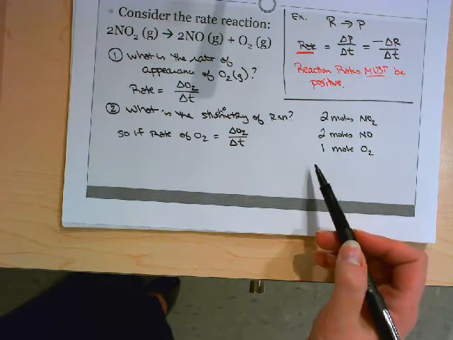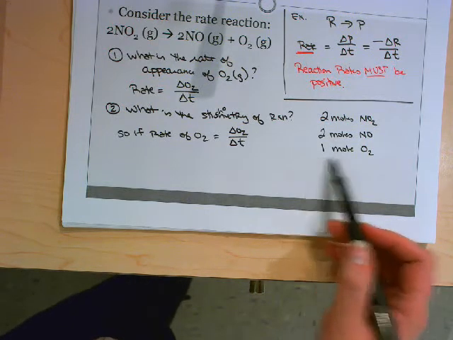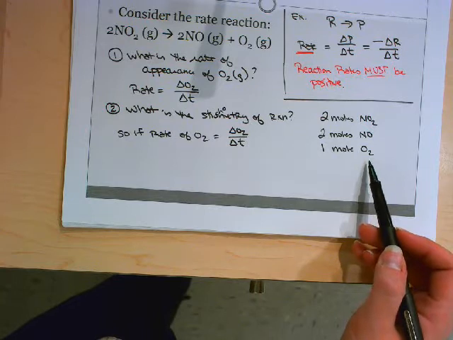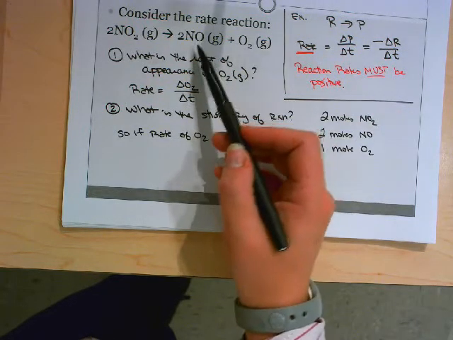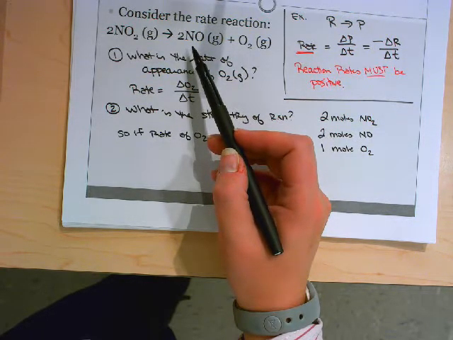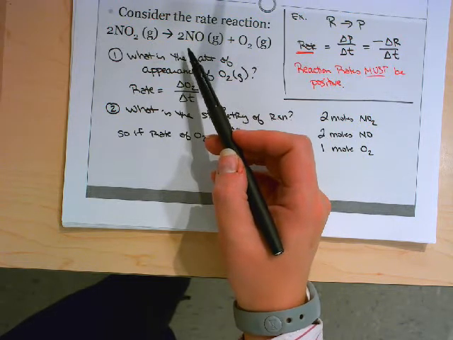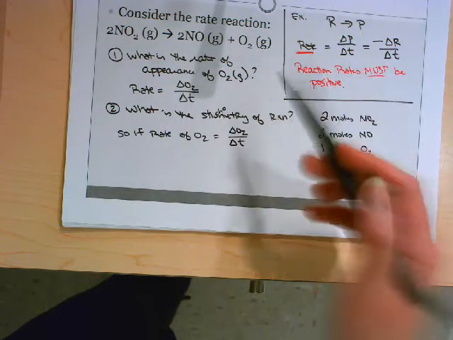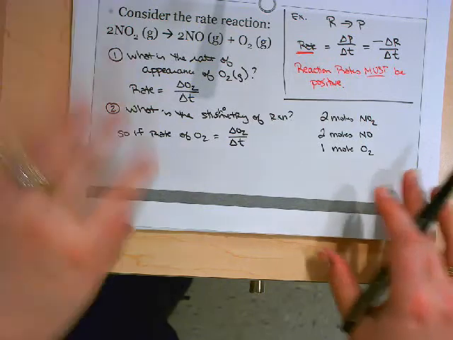So if I make a rate of moles of oxygen, it must be that the rate of nitrogen monoxide is half as fast. It is half as fast because in order to make 2, I need to go faster, right?